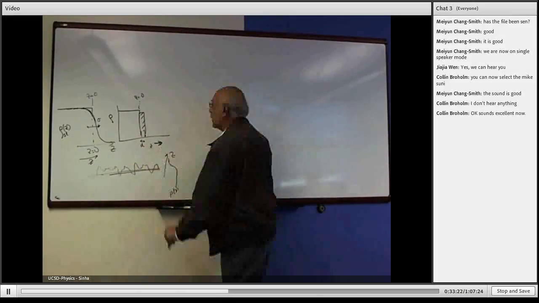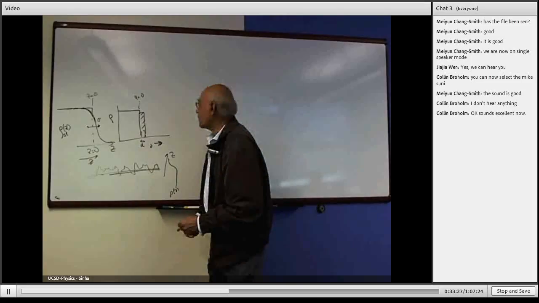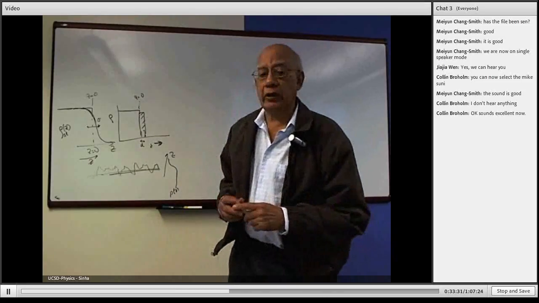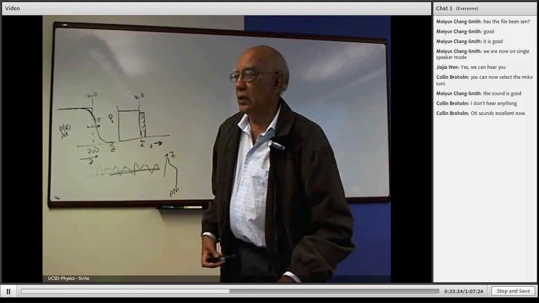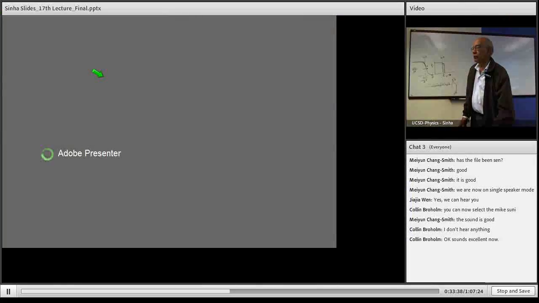Okay, so this is a thin slab placed on a substrate of thickness d, and let's see how it works out using the master formula.